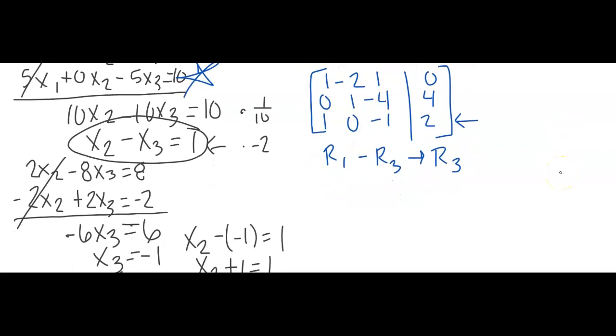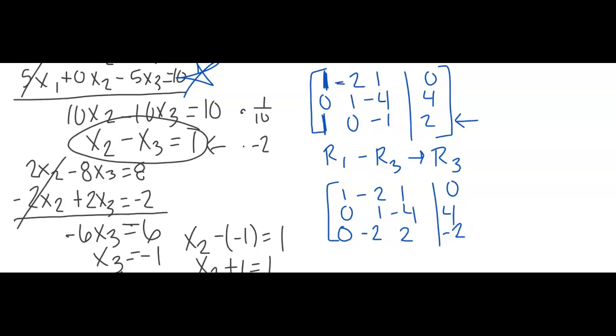Everything except for row 3 is going to stay the same. And I'm going to take the digit in row 1 and I'm going to subtract row 3. 1 minus 1, 0 goes here. -2 minus 0, -2 goes here. 1 minus -1, 2 goes here. 0 minus 2, -2 goes here.